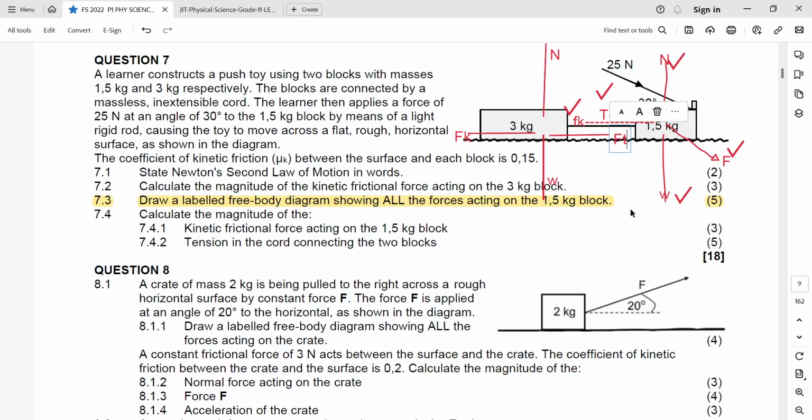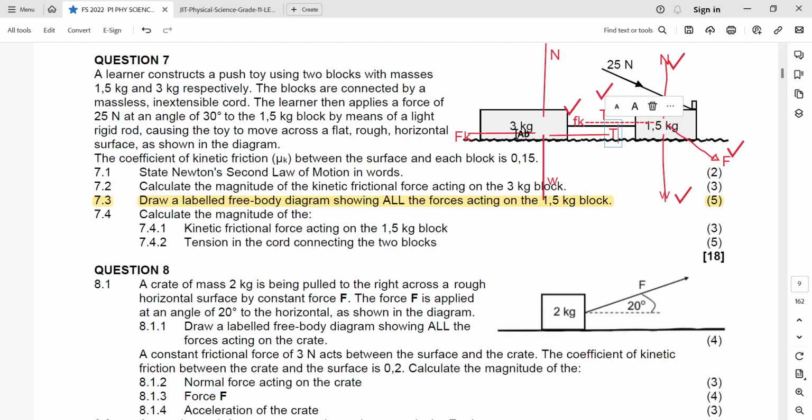But if they don't know what FT is, they will always be looking for you to say tension, as if they are always right. But then we are not there. This is tension, and tension is the type of force that is exerted on this object. If the object of 1.5 kg is moving to the right, the object of 3 kg also moves to the right due to being attached by an inextensible string or whatever. So let me come back and not drop you.